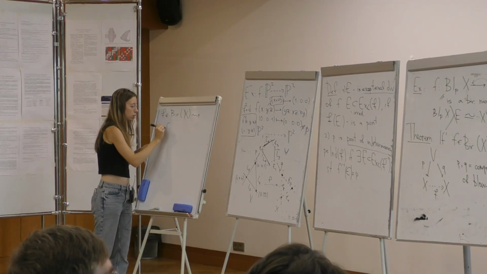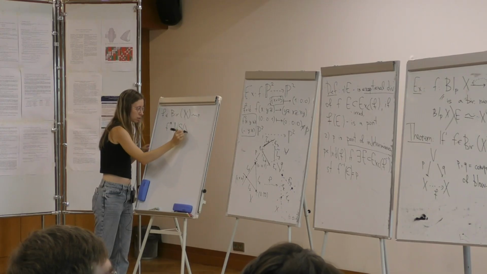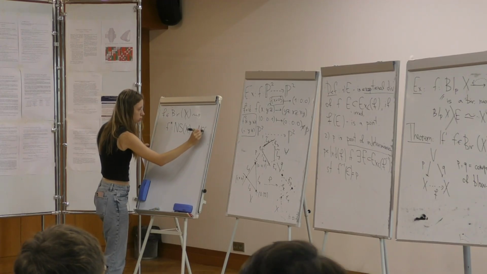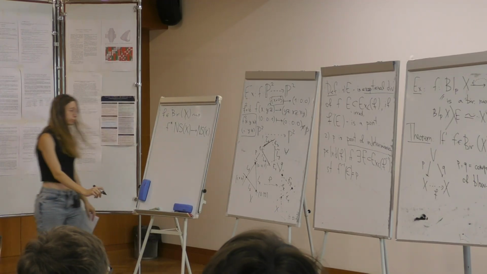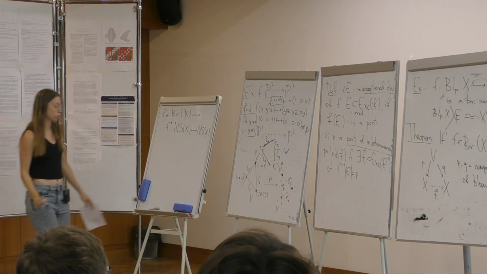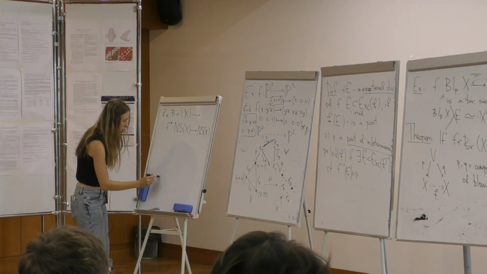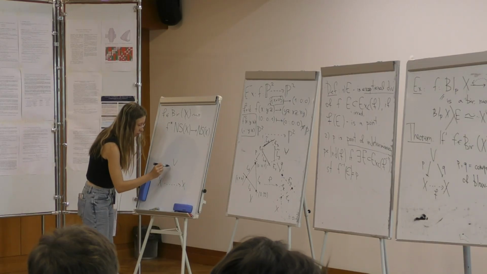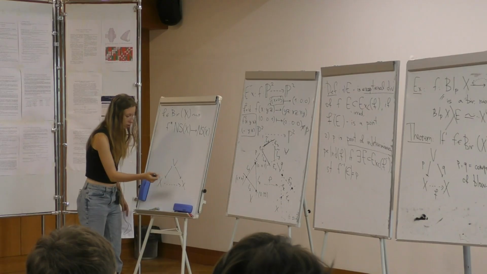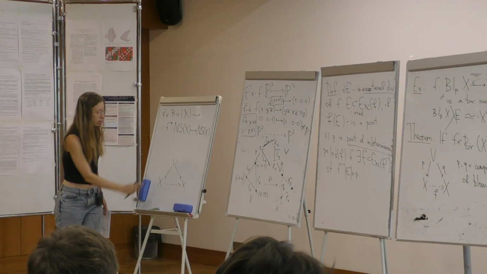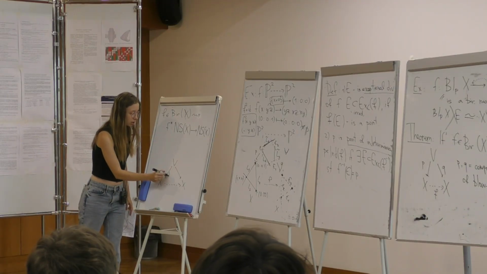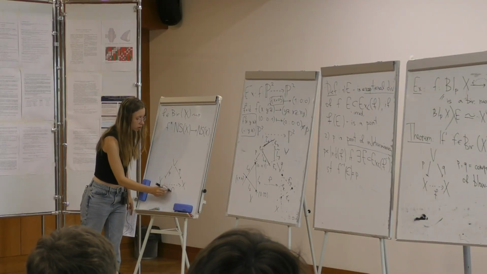So now, given a birational automorphism of P2 or of X, of any surface, we can define an operator on the Néron-Severi group of X. How do we do this? We have our birational automorphism. We construct some resolution of its indeterminacy, so a surface V and birational morphisms P and Q such that the diagram commutes.